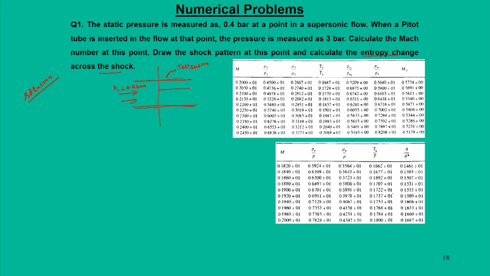Now, we have introduced a pitot probe at this point. The pitot probe shape goes like this, so obviously it encounters a bow shock. But more specifically, the flow in the vicinity of this pitot probe behaves as a normal shock. So, you can draw this phenomenon here as a normal shock.